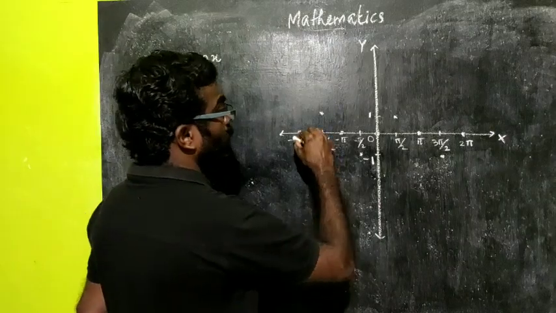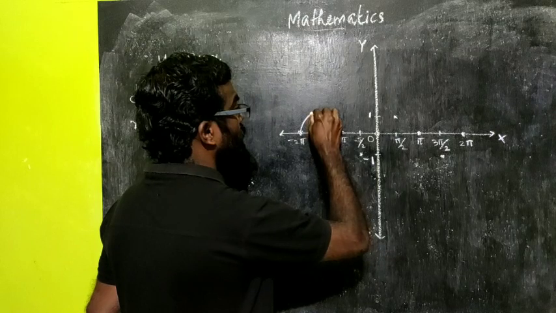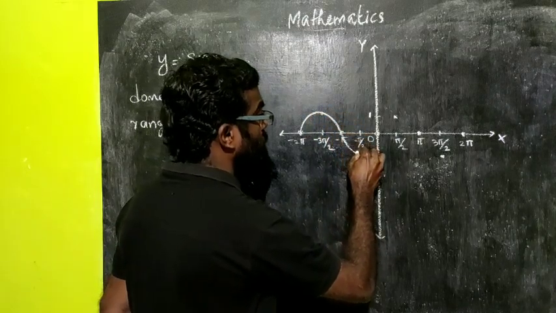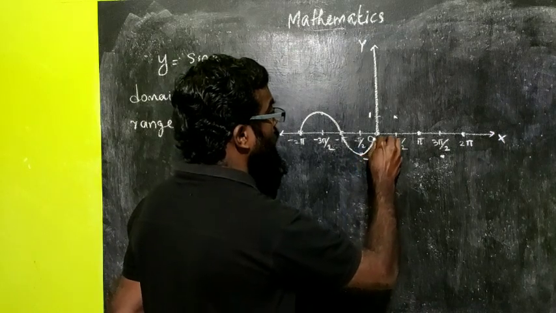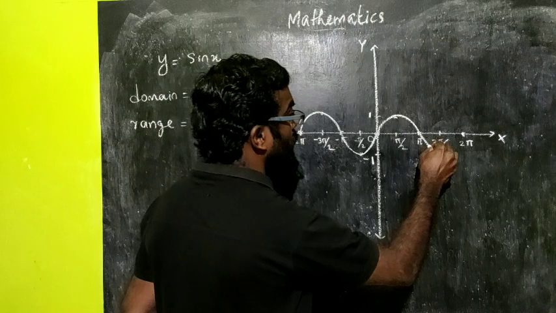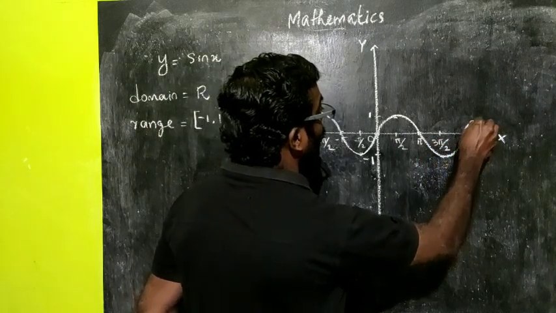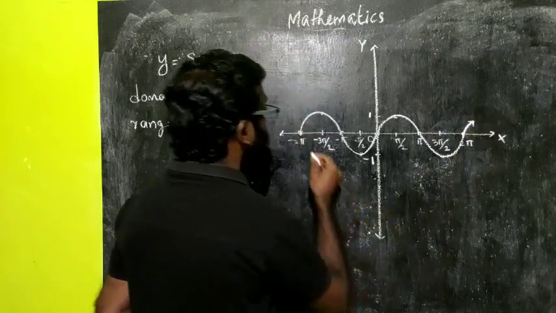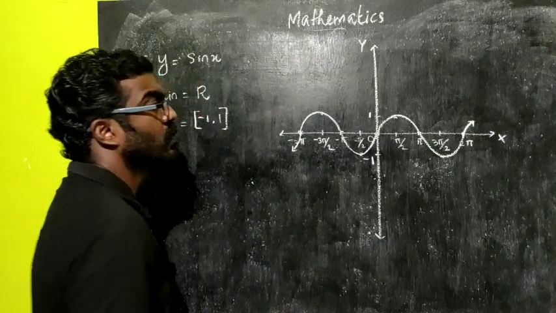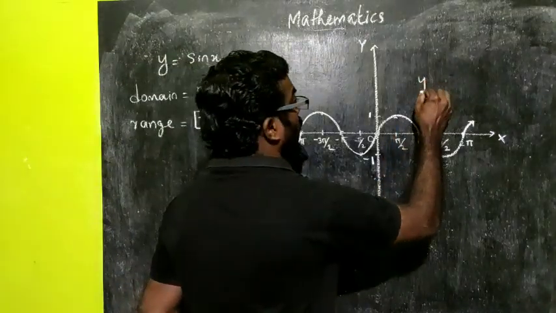Now we can join these points using a freehand curve. So this is the graph of y is equal to sin x.